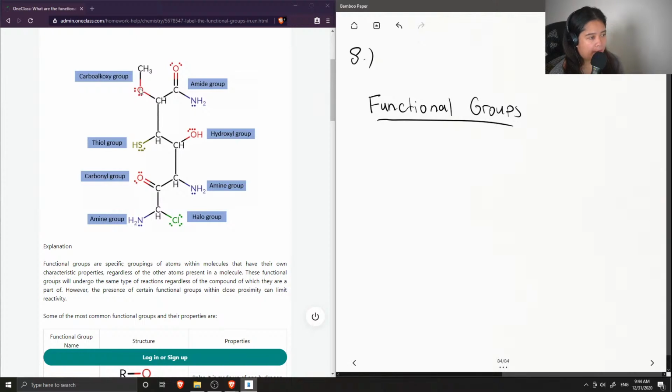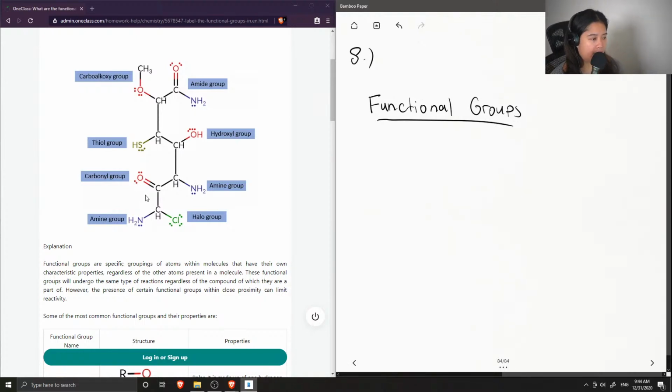So when we have an oxygen in between two carbon groups, this is known as a carboalkoxy group, or as an ether. An amide group is when we have carbon double bonded to an oxygen and has an amine group as well. OH is an alcohol group, so this is also known as hydroxyl group. When we have sulfur covalently bonded with oxygen, this is a thiol.